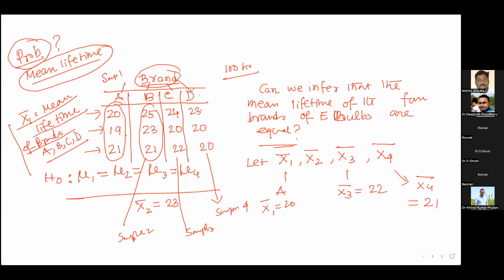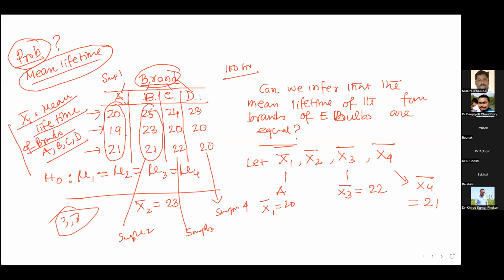So 12 minus 4, since there are 4 samples, is 8. Now, how does 3 come? The number of samples is 1, 2, 3, 4, so 4 minus 1 is 3 and 12 minus 4 is 8. So that's how the 3, 8 is coming here as the degrees of freedom.